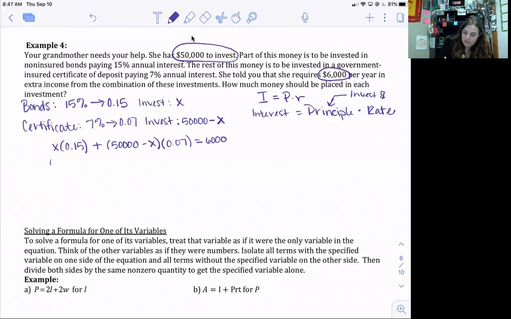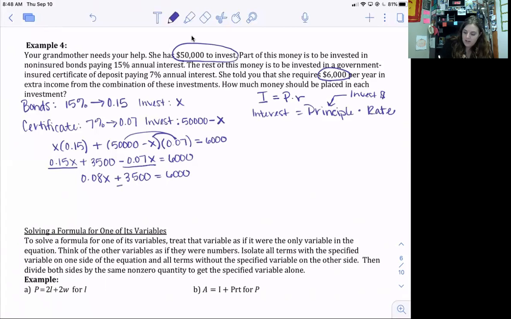So now we're going to just solve as normal. We can rewrite this as 0.15x plus, now if we distribute, 50,000 times 0.07, which is 3,500, minus 0.07 times x, which equals $6,000. Okay, we're going to combine like terms. So 0.15x minus 0.07x gives us 0.08x plus 3,500 equals 6,000.